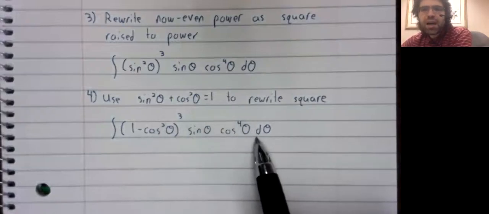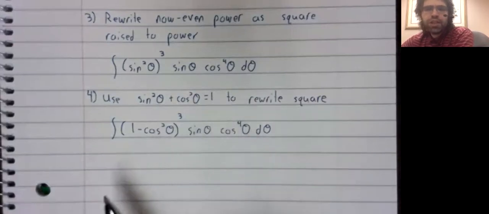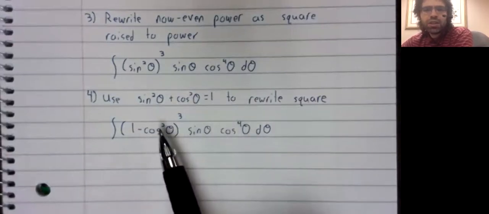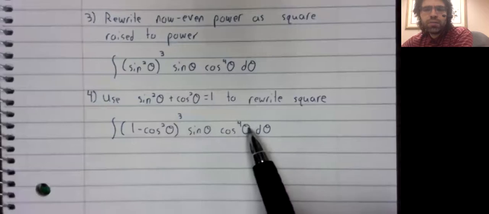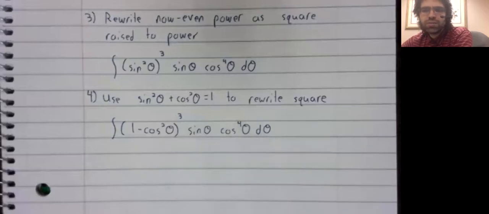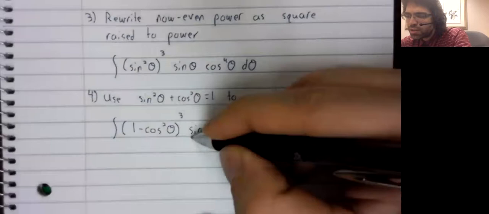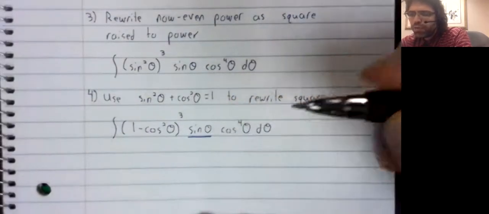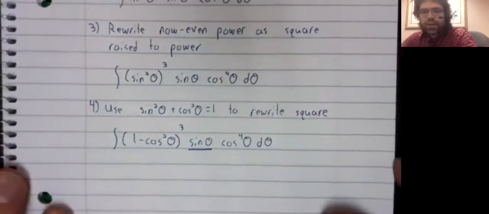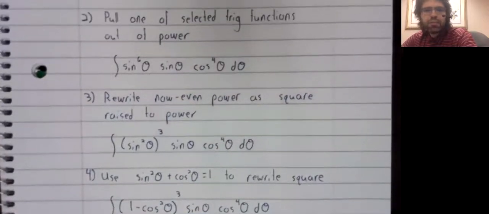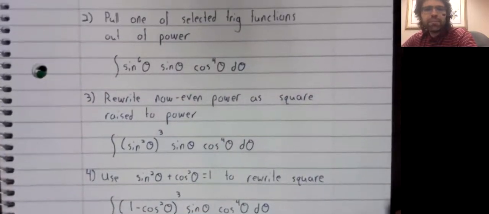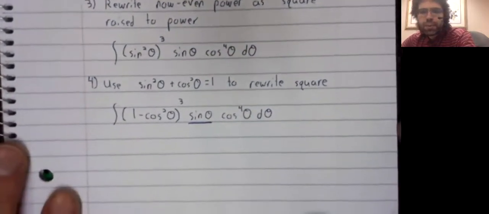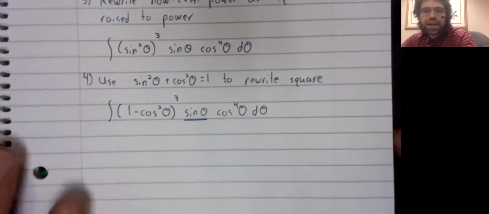It might be sines in other examples, but we've rewritten this entirely in terms of one of the two standard most common trig functions, except for one, which we have from back in step 2, when we pulled it out.